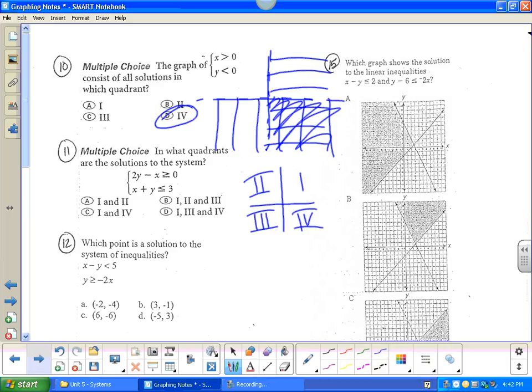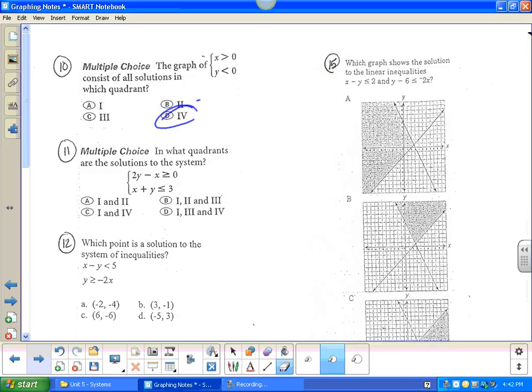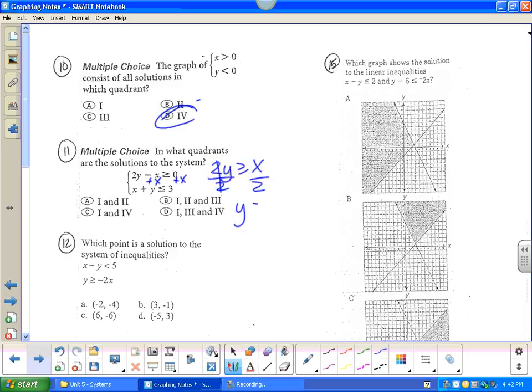Number 11, it says in which quadrants are the solutions to the system. So it wants to know which quadrant it's in. Okay. So first thing I have to do is solve for y. So I'm going to add x, and this one I'm going to subtract x. So I need to graph both of these.